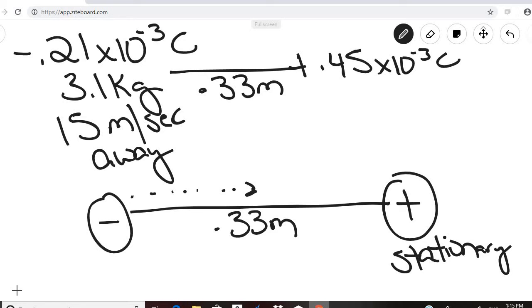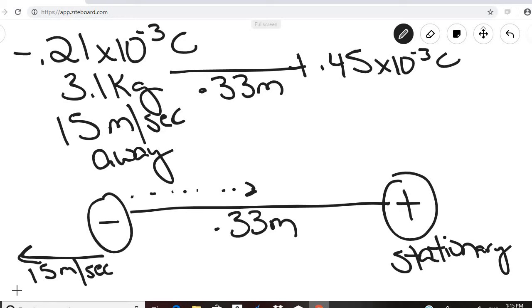However, we are going to start by giving this charge an initial velocity in the other direction. So we are going to send it moving in this direction at 15 meters per second.